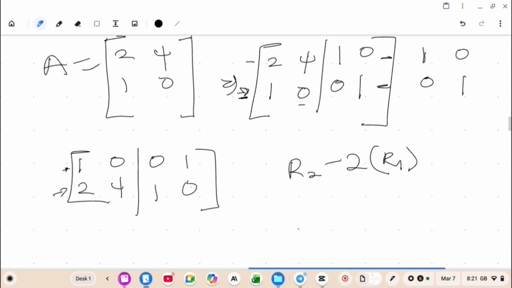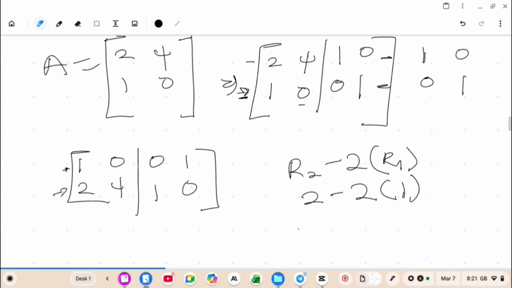Because row 1 here, on top of the 2, we have 1 there. So 1 multiplied by 2 is 2. So here will be 2 minus 2 multiplying by 1. So 2 minus 2 is 0.